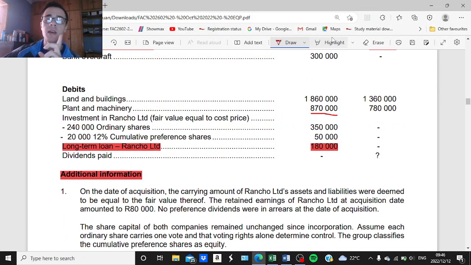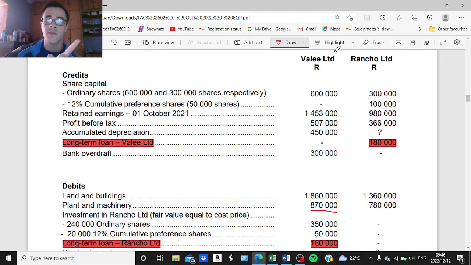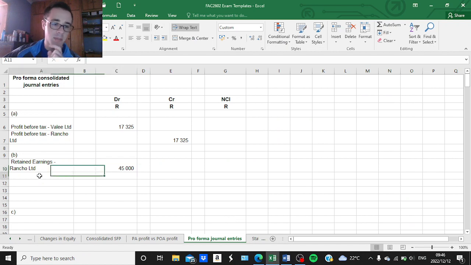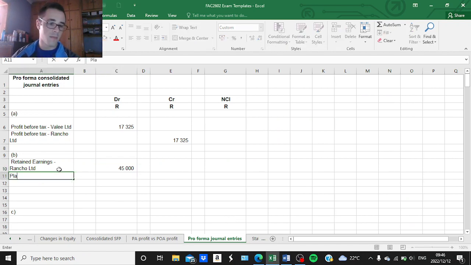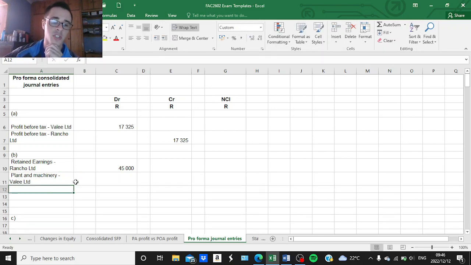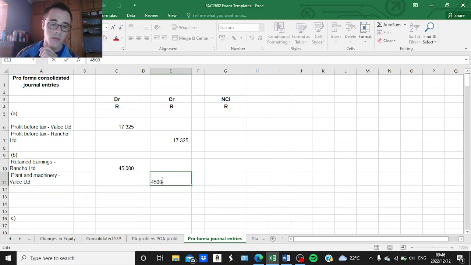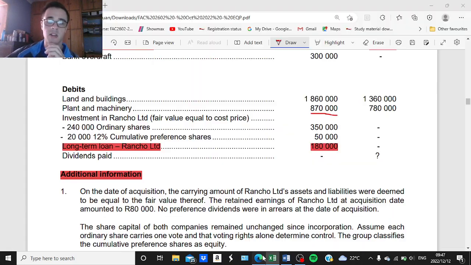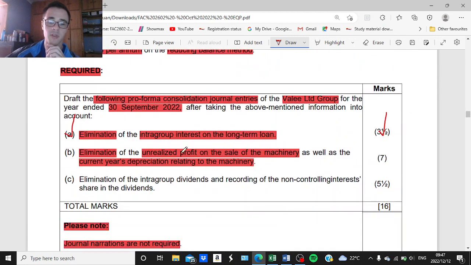So in other words, the profit of 45,000 is included in the carrying value of plant and machinery as shown in Valley Limited's records, which is why we will credit plant and machinery for Valley Limited, because we are eliminating the unrealized profit included in the plant and machinery of Valley Limited using the amount of 45,000. Okay, so we are done with the first part of journal entry B.